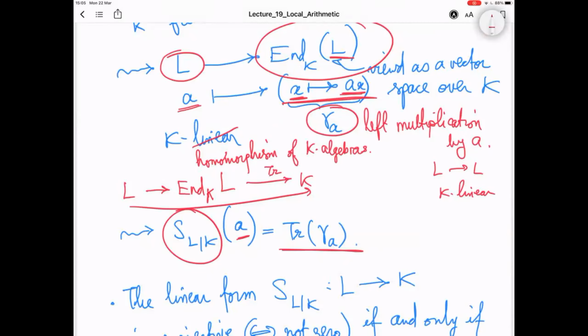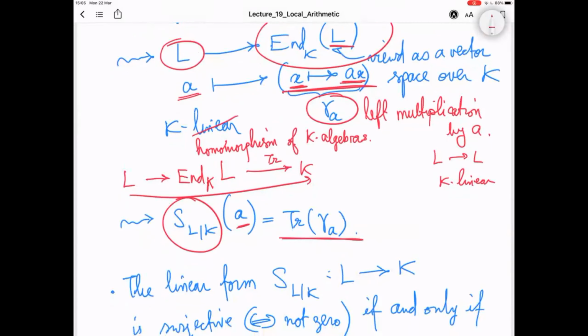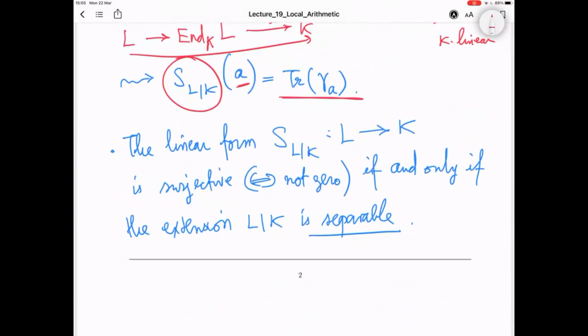Okay? So this turns out to be a linear map from L to K.